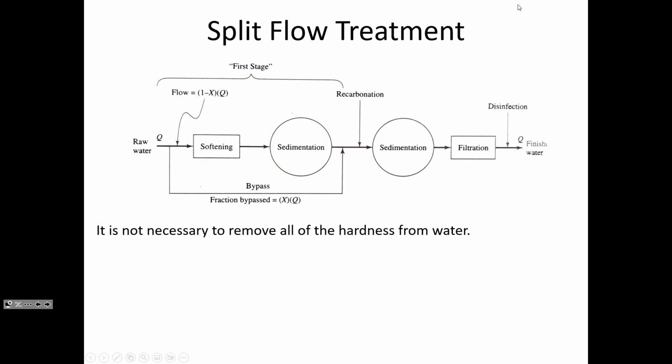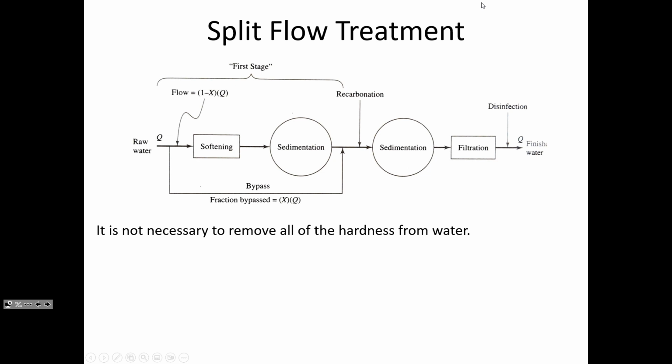So if I'm just showing you a diagram here, one of the things I mentioned that we could do with some engineering trickery is to not take the hardness all the way down to 0. But from an economical standpoint, if you take the pH up to 11, you might as well precipitate out as much of the hardness as you can.